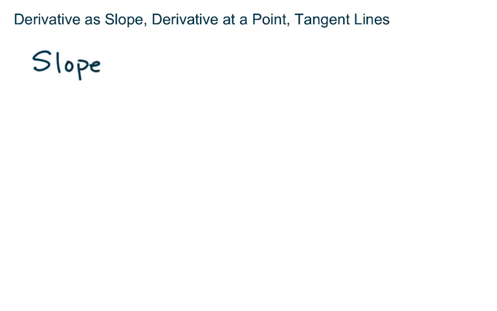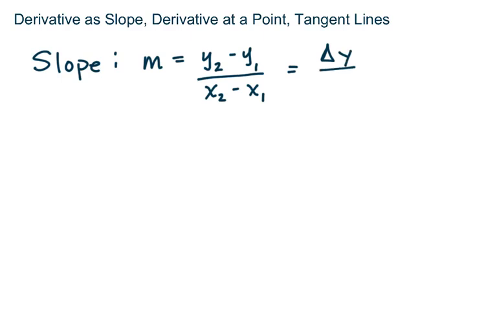What the slope definition says is that if you're given 2 points, say (x1, y1) and (x2, y2), you can determine the slope between those 2 points by saying the change in y, y2 minus y1, over the change in x, right? So slope is the vertical change over the horizontal change.